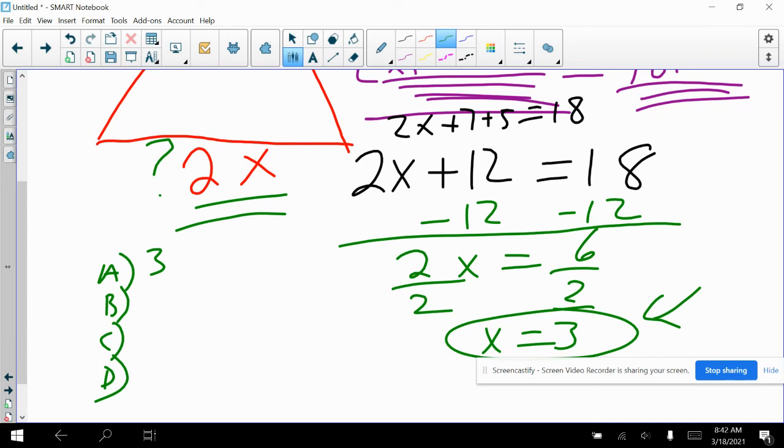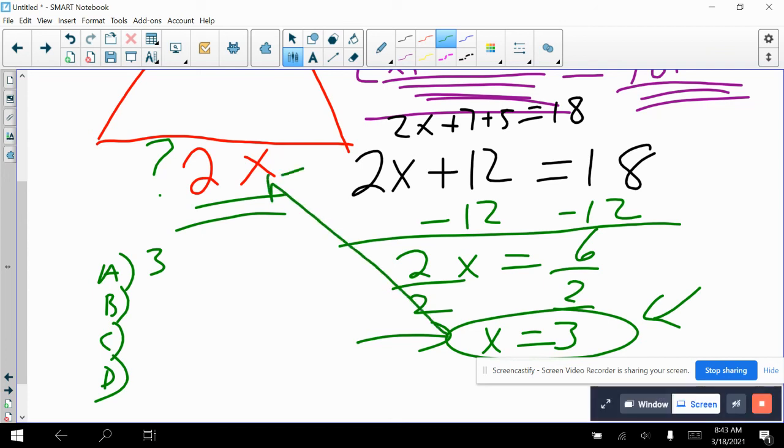Why? Which I get it. I understand why you picked it. Because, hey, that's the solution that we came up with. But again, you want to know why checks are important? Here's the reason why. What do you do with the variable? You plug it back into where it is in the problem.